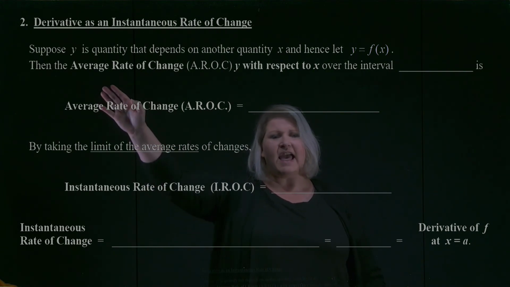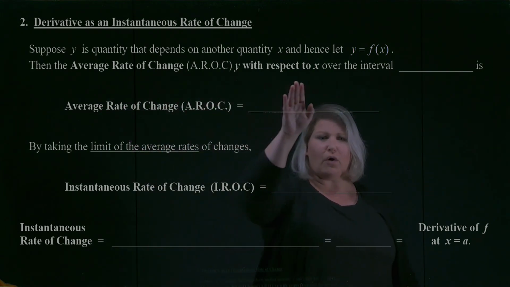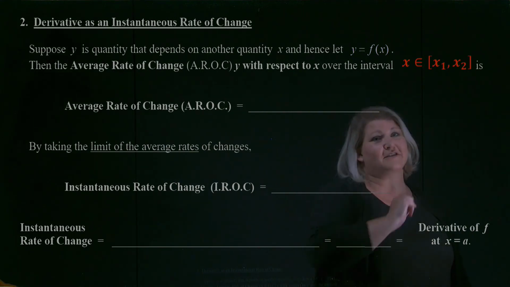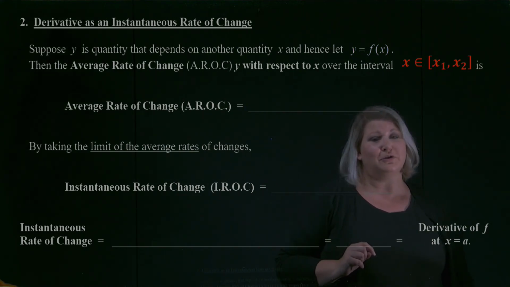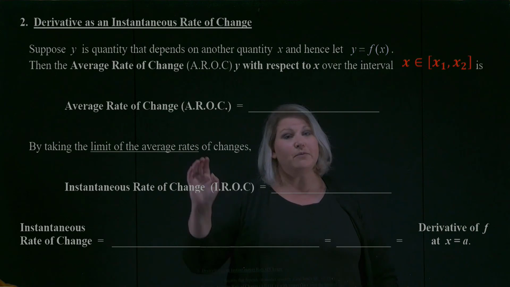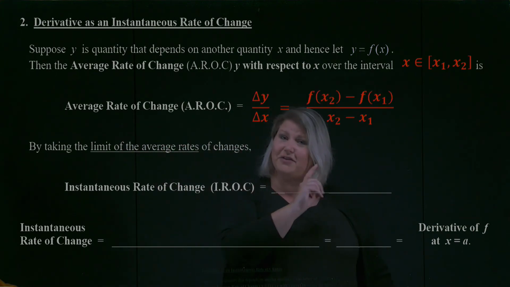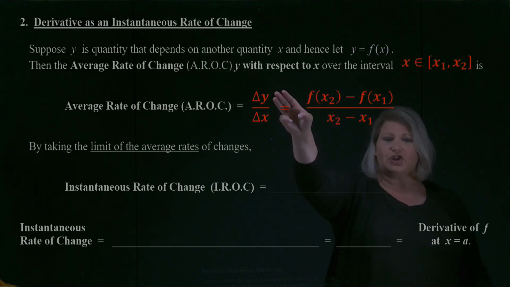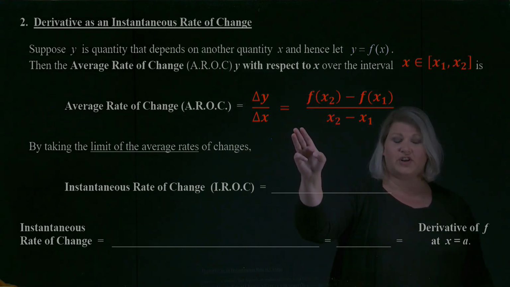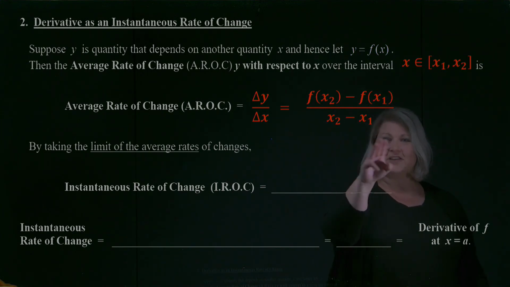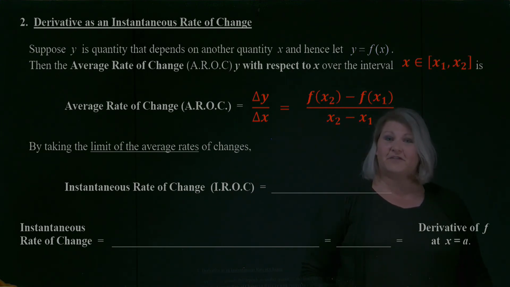If you want to find the average rate of change over an interval of x, say as x goes from x sub 1 to x sub 2, then we can find the average rate of change using, again, the slope formula. Find your change in y over your change in x. In other words, subtract your output values and divide that by the difference of your input values.